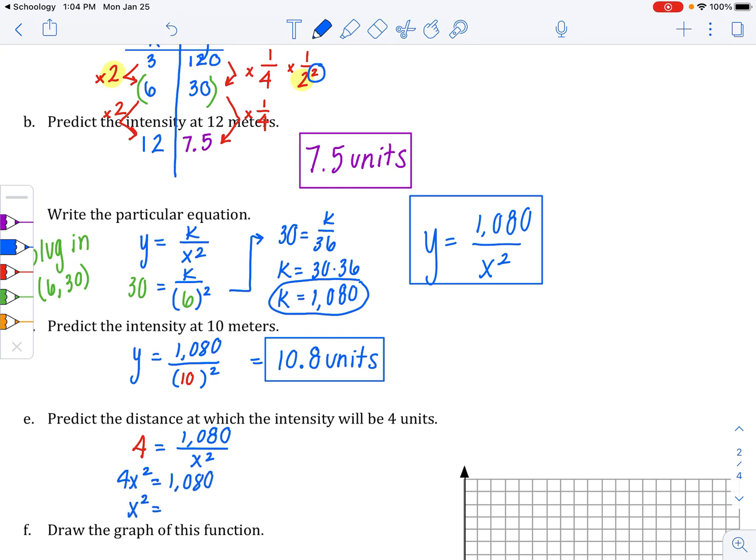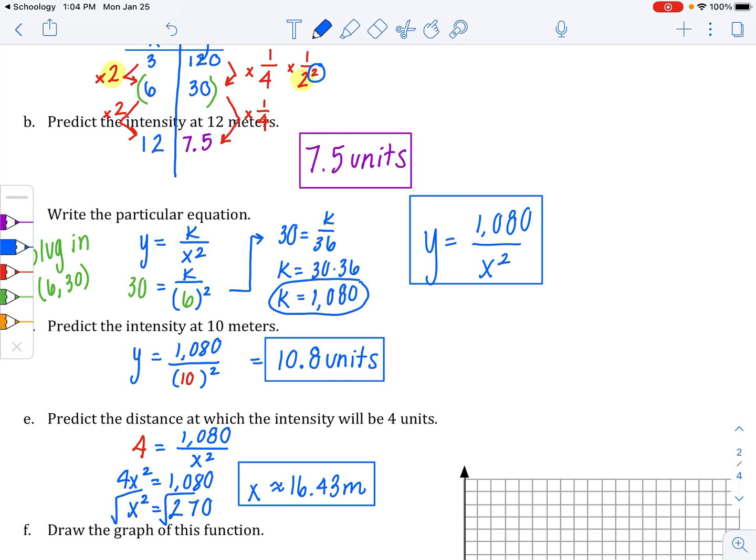Divide both sides by 4, you'll get 270, square root. I'm getting x to be approximately 16.43 meters. And that would be the distance at which the intensity would be 4 units.